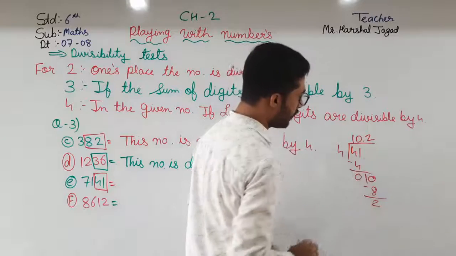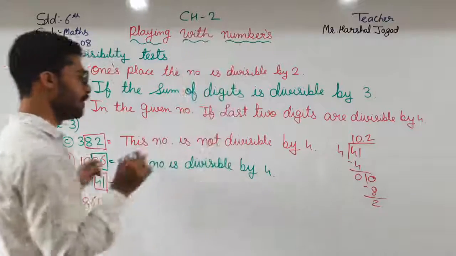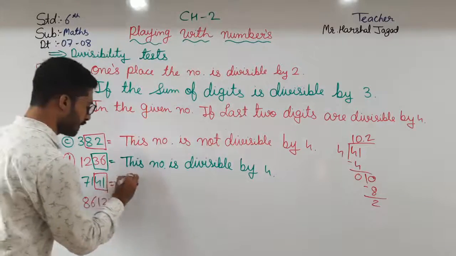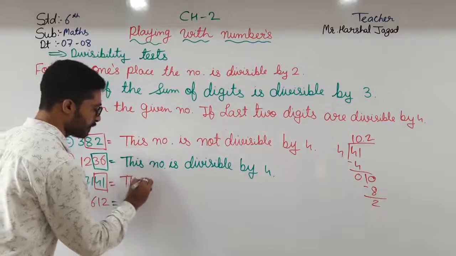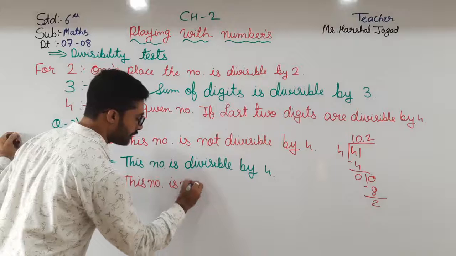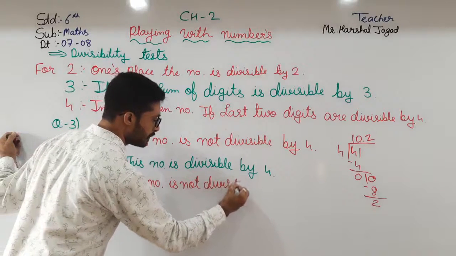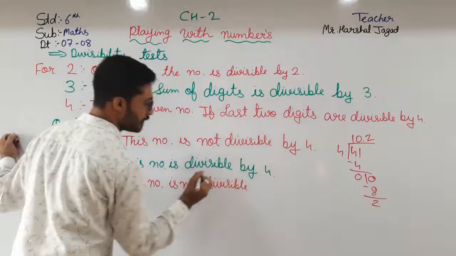Again you can see that a point is coming, so this is not divisible by 4. So this number is not divisible by 4.